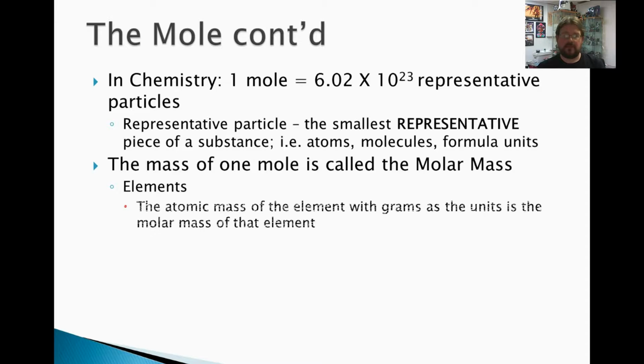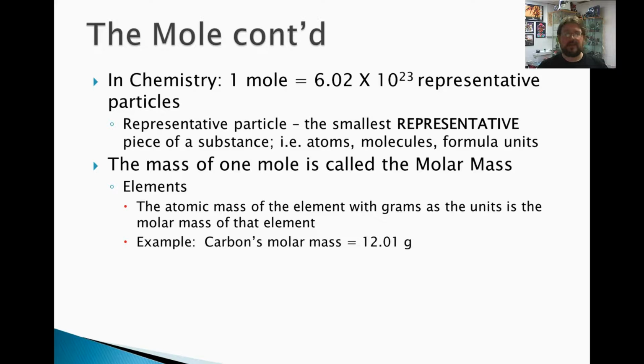For elements, the atomic mass of the element with grams as the units is the molar mass of that element. So for any given element, as long as it's single atoms, the molar mass is whatever the atomic mass is on the periodic table with grams at the end. For example, let's look at carbon. Carbon's molar mass would be 12.01 grams.